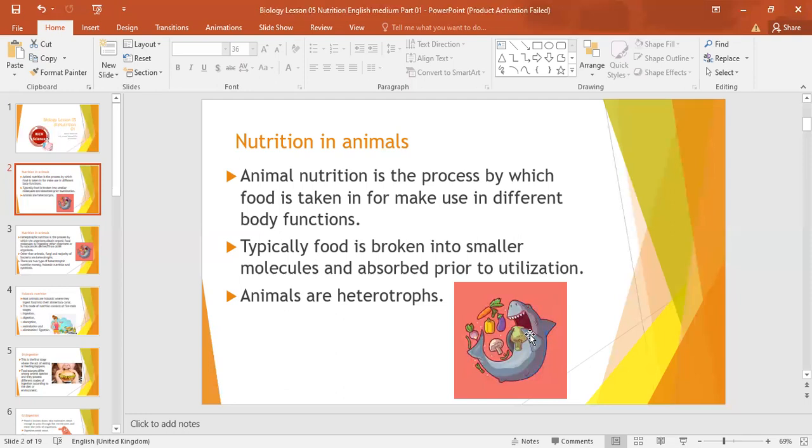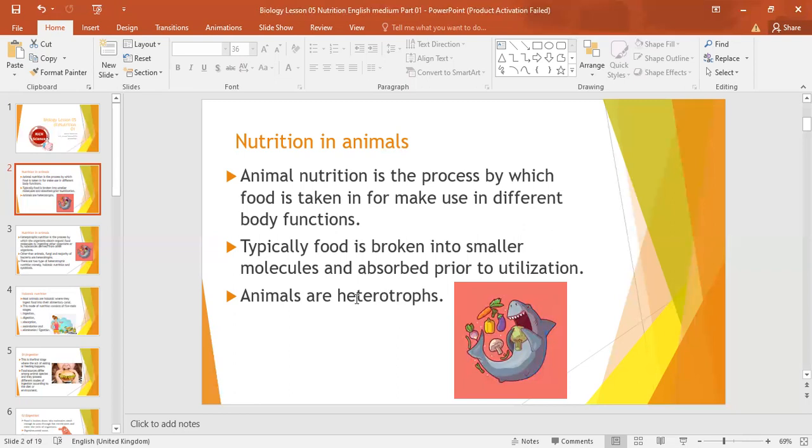Animals are heterotrophs. Heterotrophs cannot make their own food. The different term is autotrophs. Autotrophs can be divided into two: chemoautotrophs and photoautotrophs.